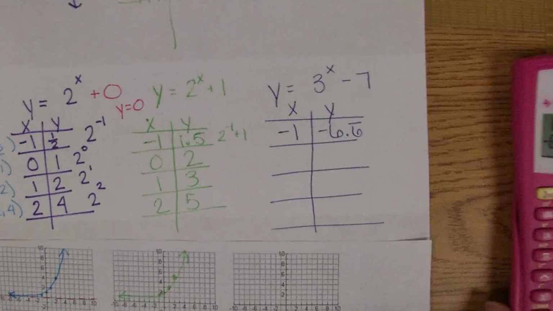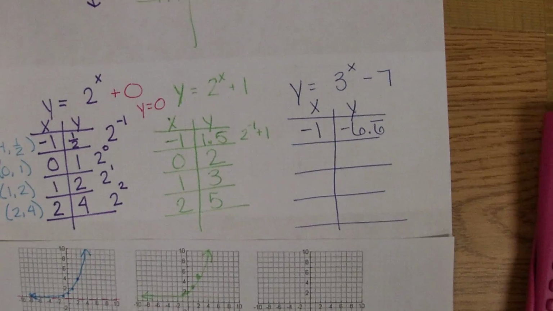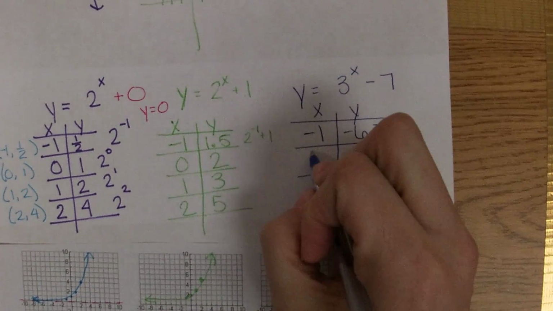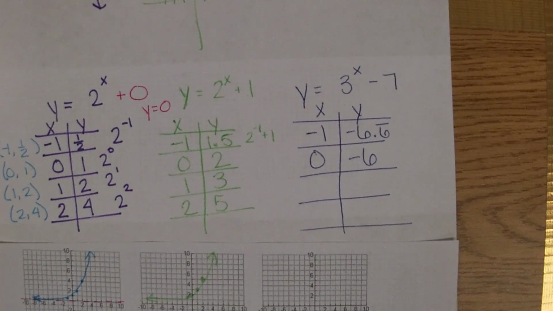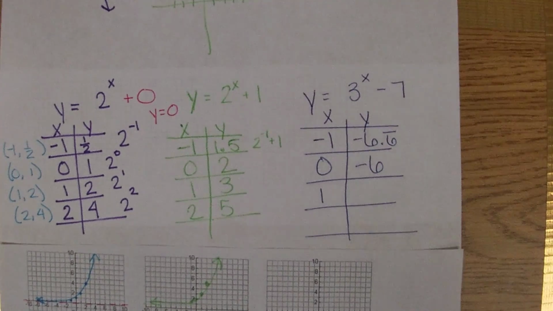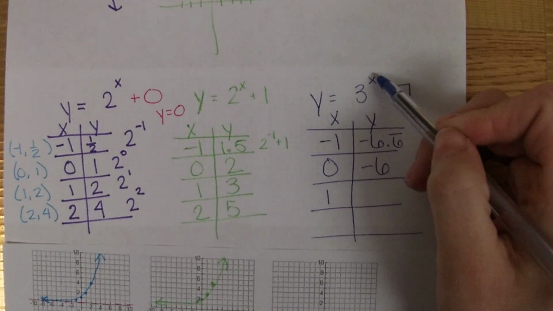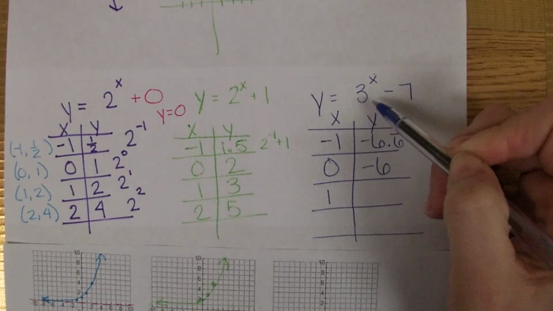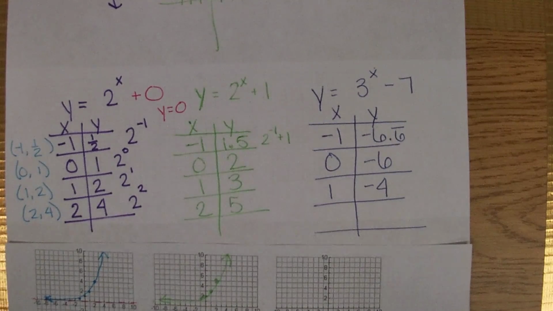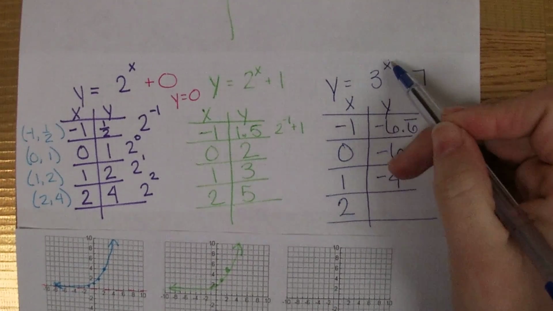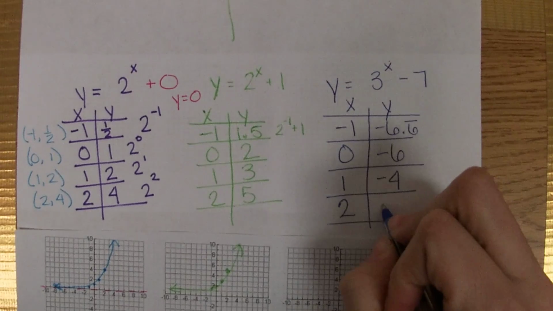We'll have to approximate that when we graph it anyway. Maybe we do 0, which will give us -6. 3 to the first is 3. Minus 7 is going to give us -4. Plug in 2. 3 squared is 9. 9 minus 7 is 2.